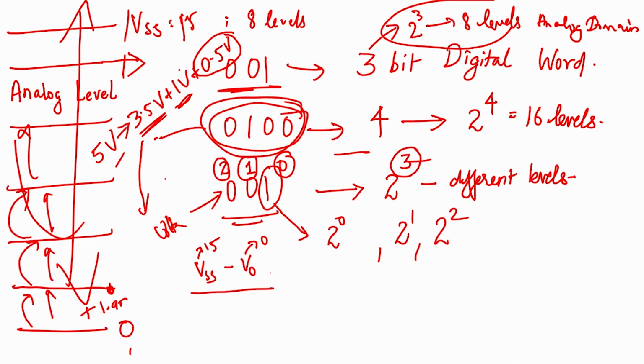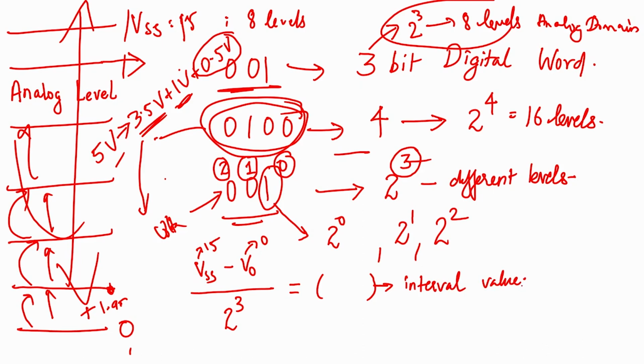So, that is 8 levels, 2 raised to 3, correct. That gave you your analog interval value, correct. What is each interval value, correct.